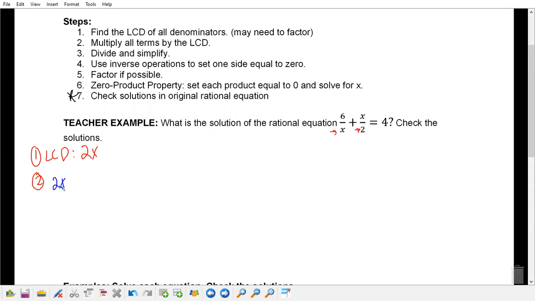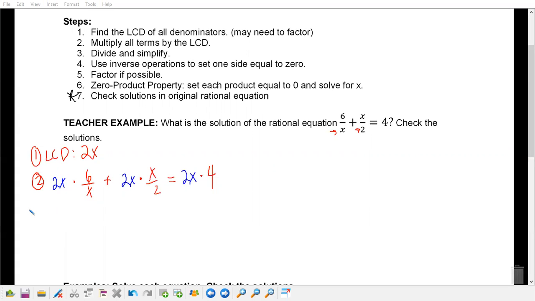So it's going to become 2x times 6 over x plus 2x times x over 2 equals 2x times 4. So I multiply each thing.